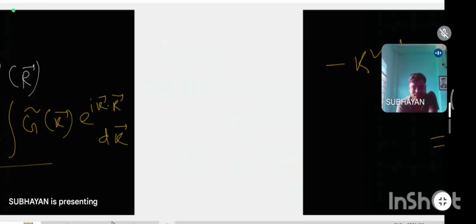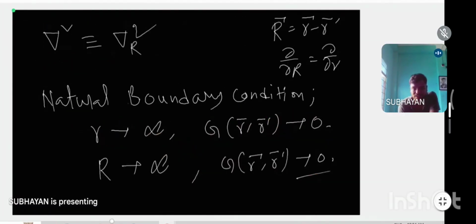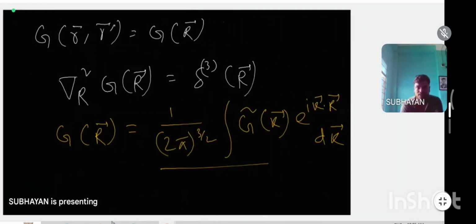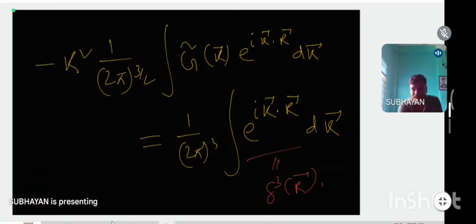The natural boundary condition is this one. But if some finite boundary condition is given, then you have to make some slight change in the process of calculation to find the green function. Okay. So in the next classes, we shall discuss the methods for finite boundary conditions which you can apply to solve different types of inhomogeneous differential equations.